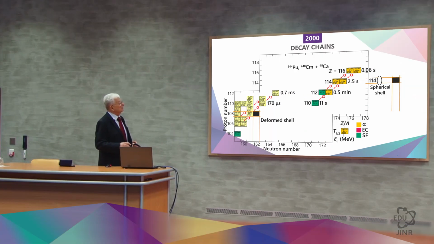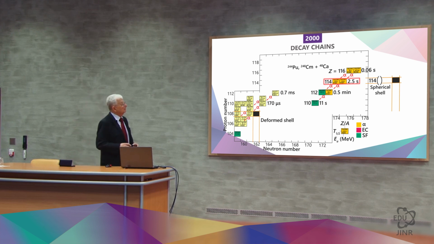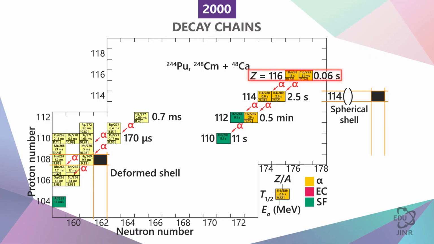Well, on the left side, there was no lifetime for element 114, but here we have the lifetime on the right, which was obtained, and it lives for 2.5 seconds, quite a perceptible time. And finally, element 116, 60 milliseconds, and its lifetime was the first obvious indicator which showed that movement in this direction, in the region of a large number of neutrons, significantly increases the stability of the nucleus.